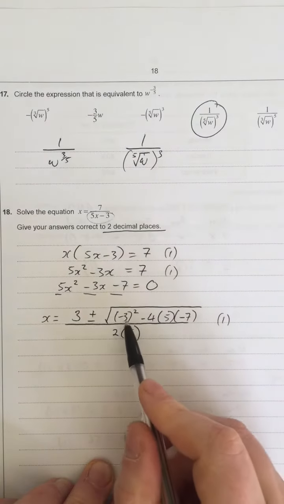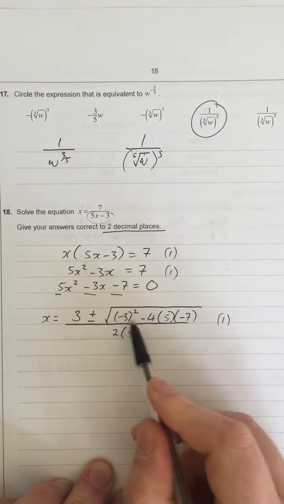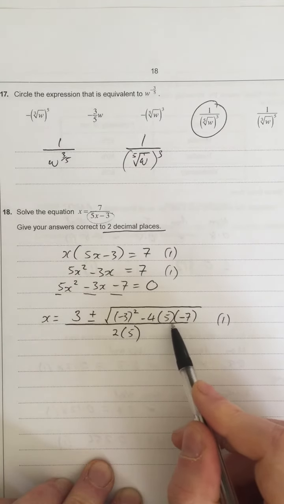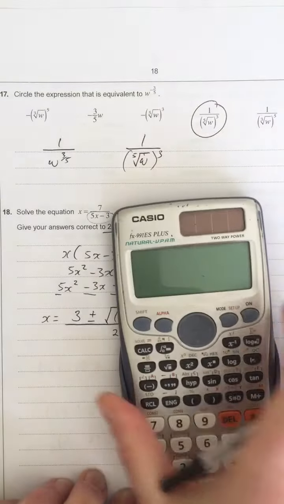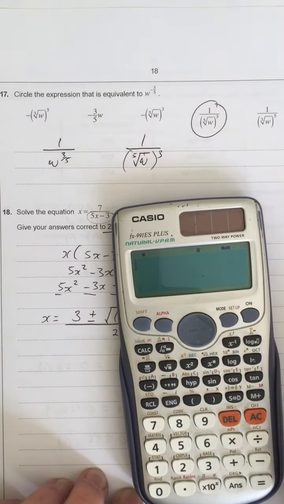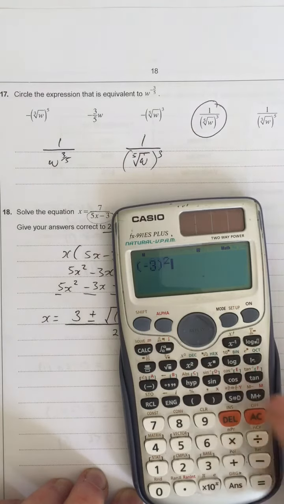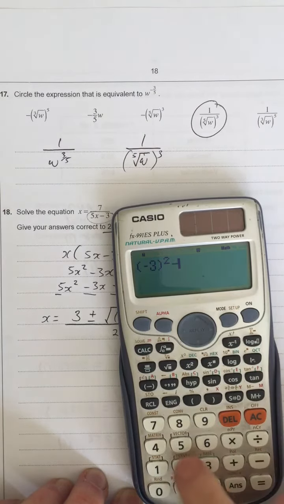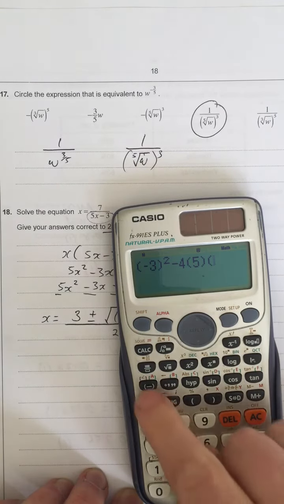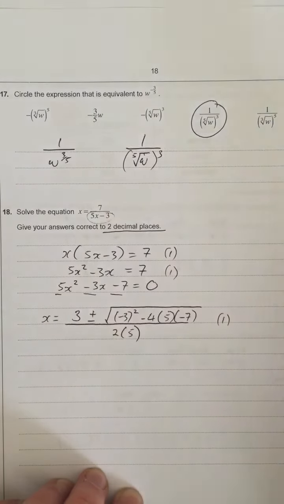Substituting those values into the formula gets you a mark. Now the next mark is for correctly working out what we've got here inside the square root. Don't square root it, just work out this minus 3 squared minus 4 times 5 times minus 7. So if we do that on our calculator, we get 149.